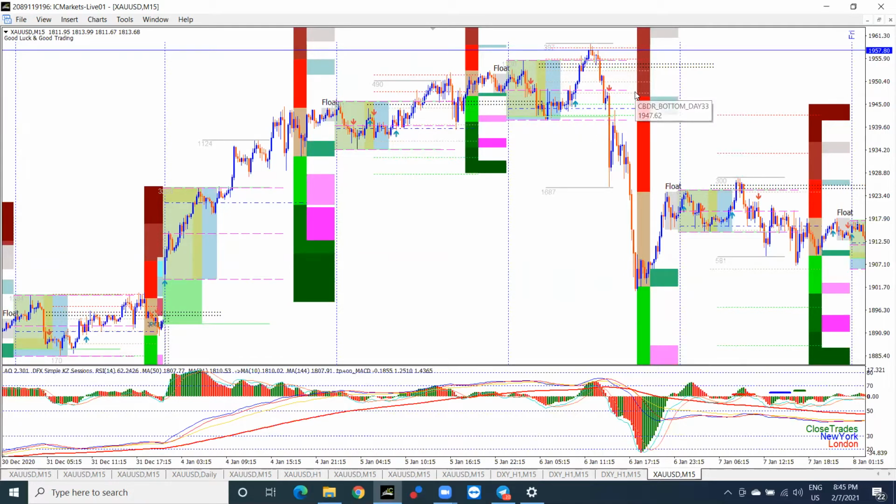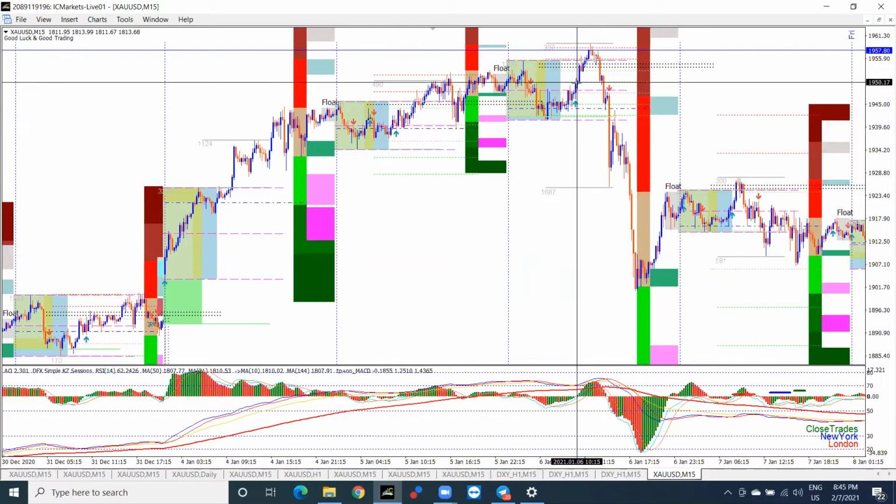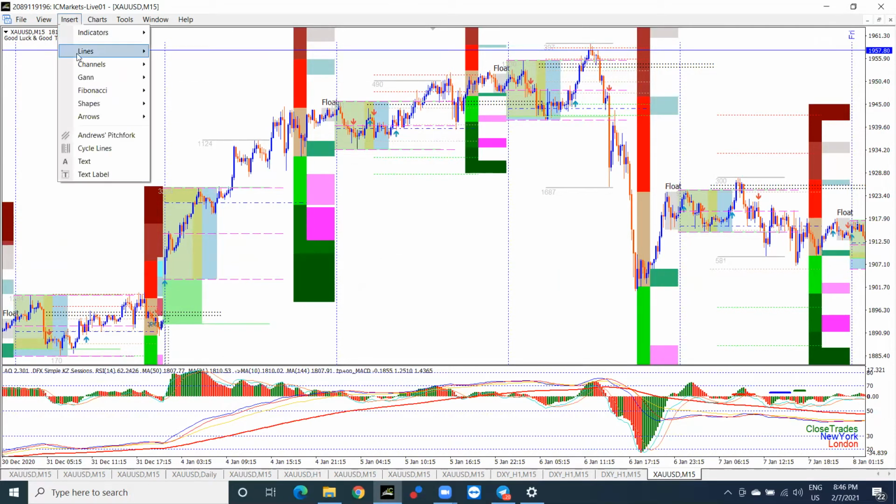So we will open our sell somewhere here. This is London open, so we will open somewhere here. We will have some drawdown of 90 pips, but we go for 500 pips. So let's see how this will work.